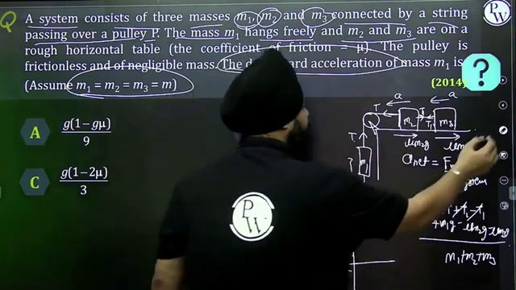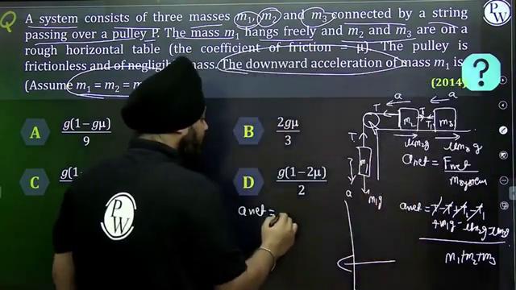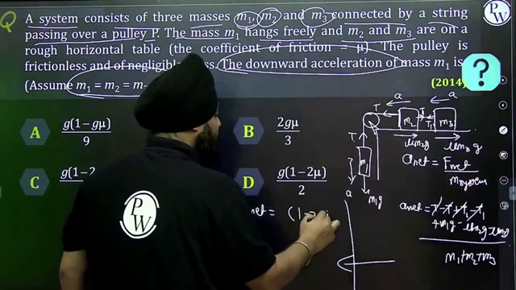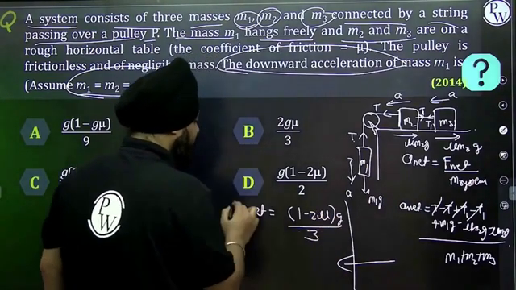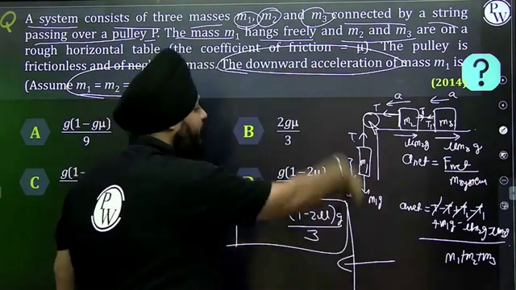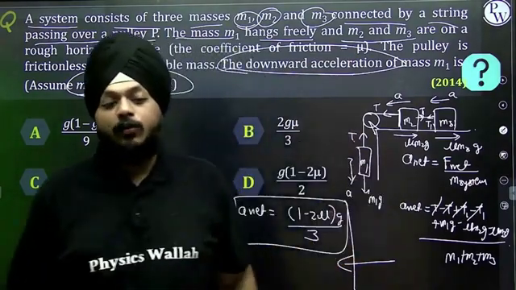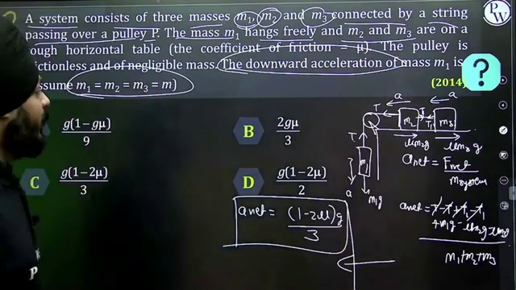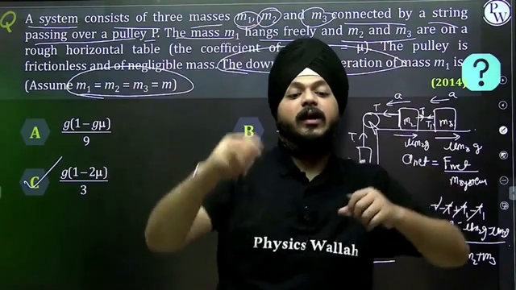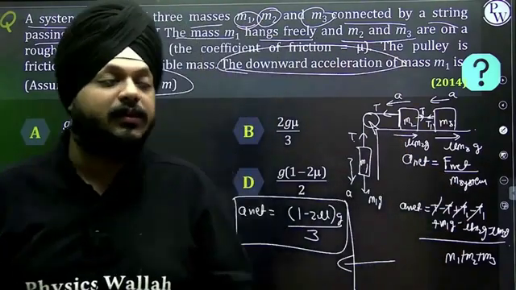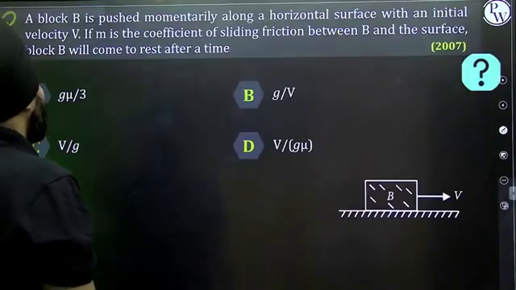So I think finally we are having it as a, right, 1 minus 2 mu g whole divided by 3. This is a net acceleration of the system with which m1 is moving into the downward direction. Okay, so C will be the perfect answer for this specific question. Okay, now let's move on to the next part.